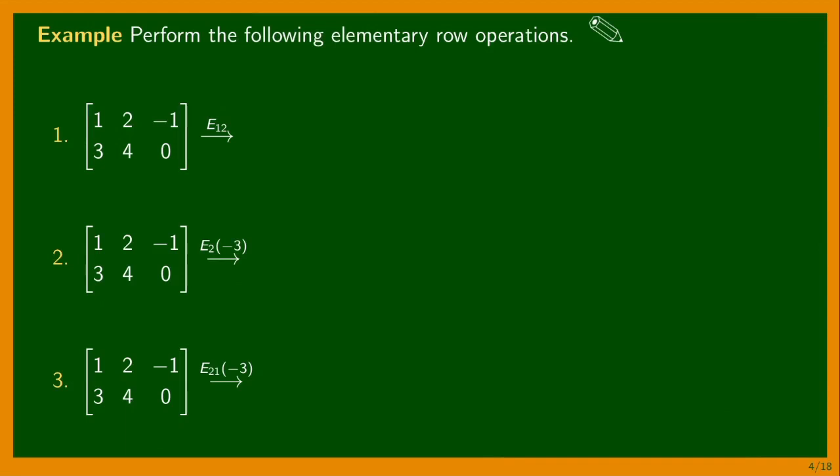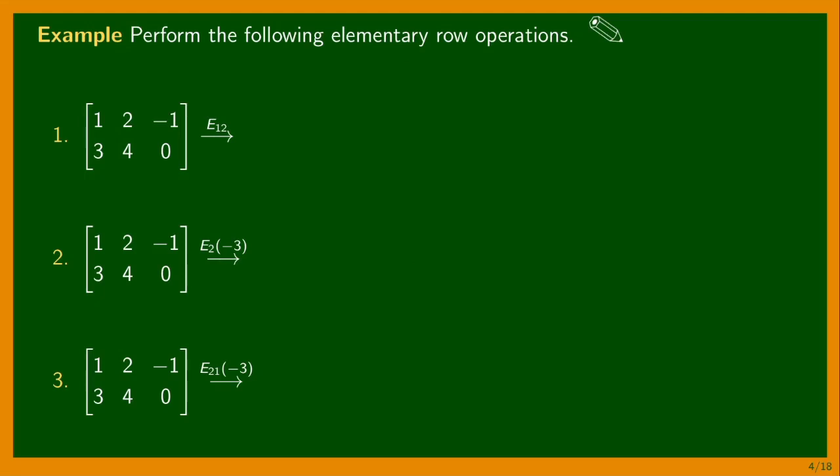So for example, we have the following three matrices on the screen, and it is indicated that we are going to perform these elementary row operations on each of these matrices. So how do we do that? First of all, the first operation here is a type 1 operation where we interchange two rows.